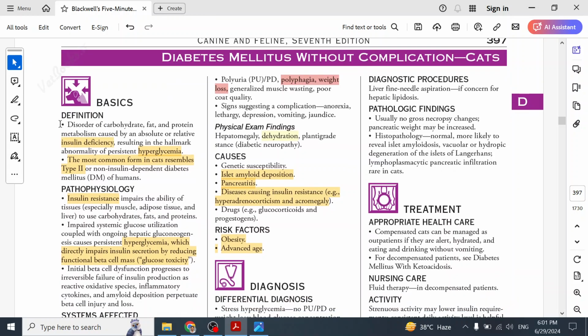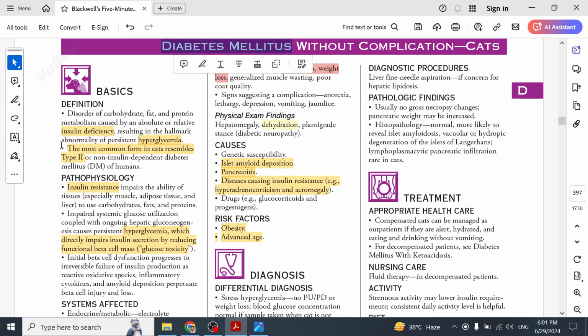It is a type of diabetes mellitus. In diabetes mellitus there is insulin deficiency, and whenever there is insulin deficiency there is hyperglycemia. In cats the most common type is type 2, non-insulin dependent diabetes, but in dogs you find type 1, insulin dependent diabetes mellitus.